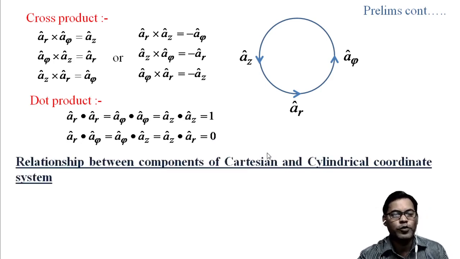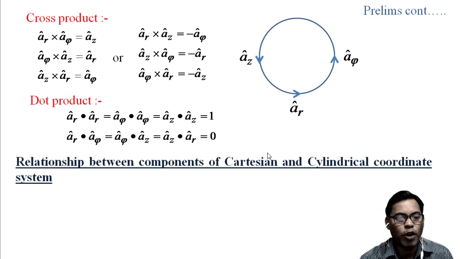Now we are going to see the relationship between the components of Cartesian and the cylindrical coordinate system. In the first lecture we have discussed why we need to study different coordinate systems, and why we need to transform from one coordinate system to another.